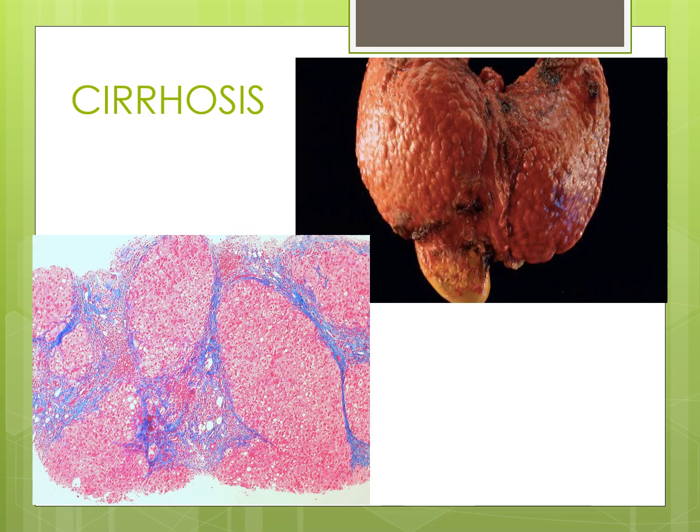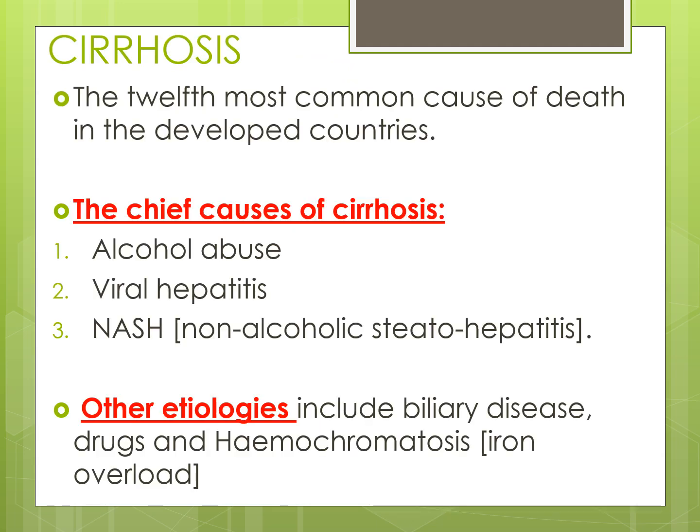So now we have reached the second part of the lecture about cirrhosis, and this is just the title picture of the second part. So what is cirrhosis? Before that, the frequency of cirrhosis: it is the 12th most common cause of death in the developed countries, and the chief causes of cirrhosis are alcohol abuse, viral hepatitis in our part of the world, and NASH.